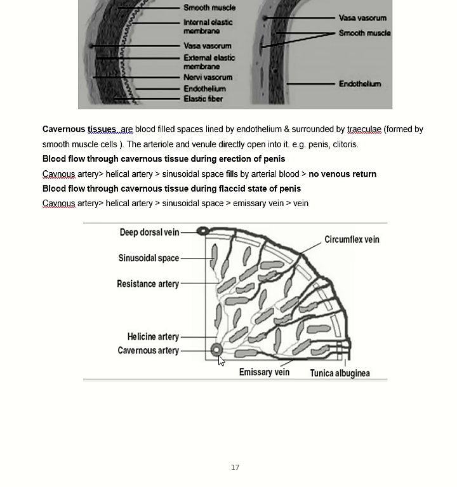This is the helicine artery, and this artery fills the sinusoidal space. The blood from this space is drained by the vein, and this vein drains into the circumflex vein, which is situated in the outer part of the penis. So this is the erectile tissue.